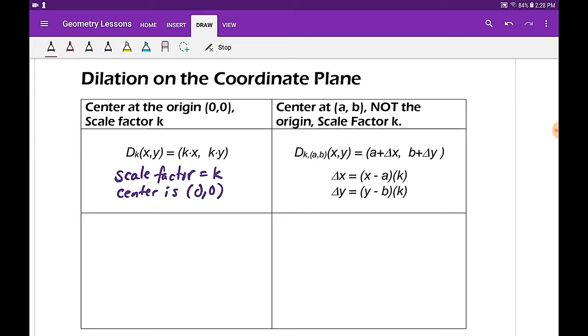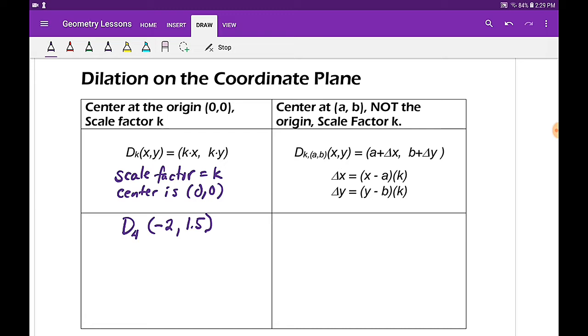For example, well, I'll give you an example now. We have the dilation of, let's say, negative 2, 1.5 with a scale factor of 4. Okay, we know that there's no center indicated. The coordinates of the center or the name of the point is not indicated, so the center is at 0, 0.